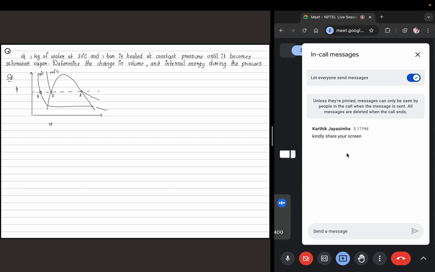So all you need to do is look up subcooled tables at 30 degrees Celsius and 1 bar.